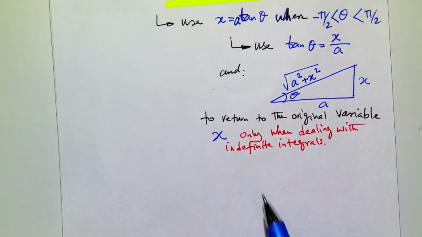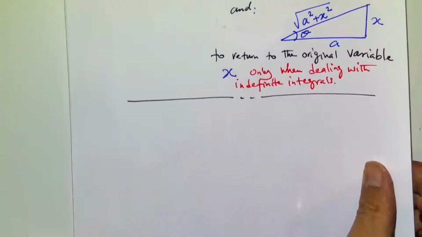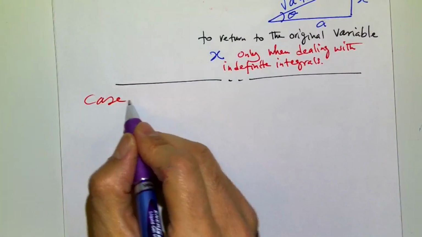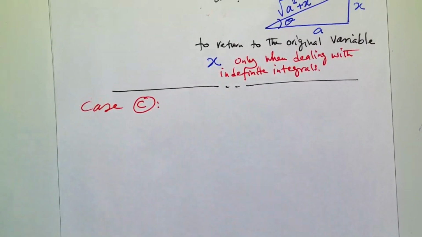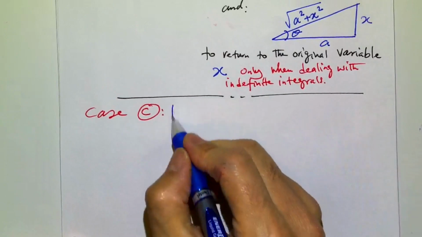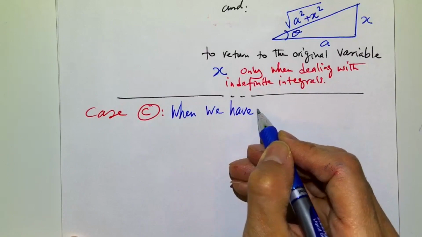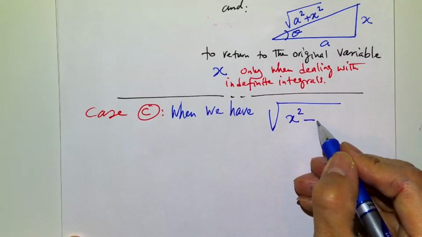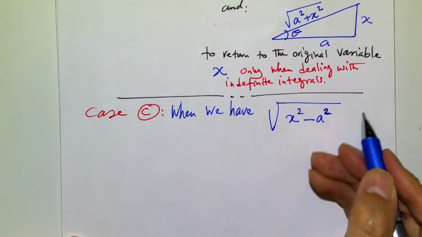Okay, and let me quickly add case C on the same page. Case C. When we have x squared minus a squared this time. This time the variable squared minus a constant squared.